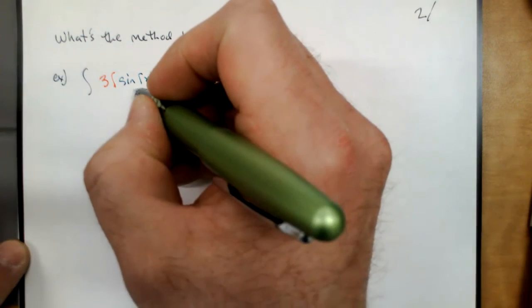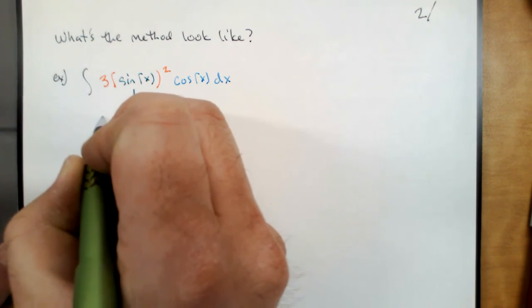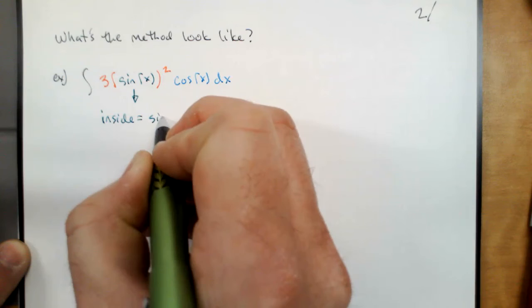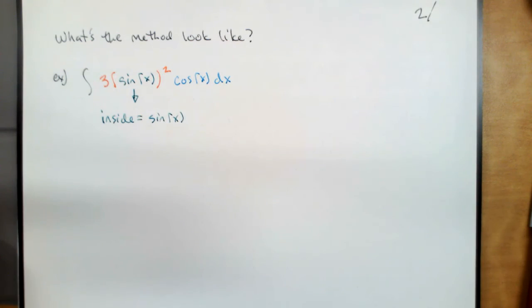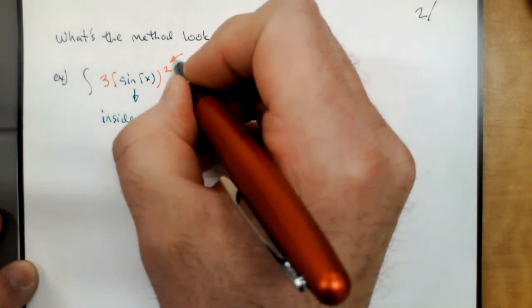I'm going to say the inside function is sine x. Once the inside function is sine x, I've got to identify what it is sitting inside. What's the outside function? It's that square, that's the outside.